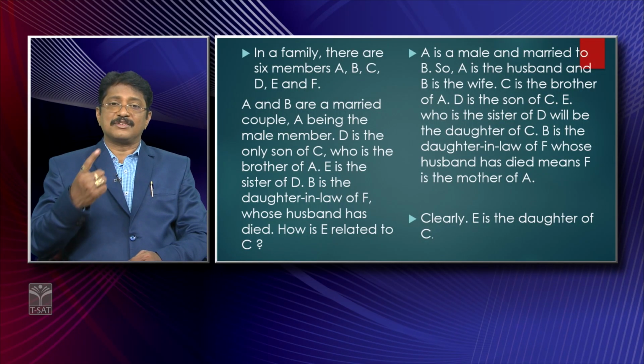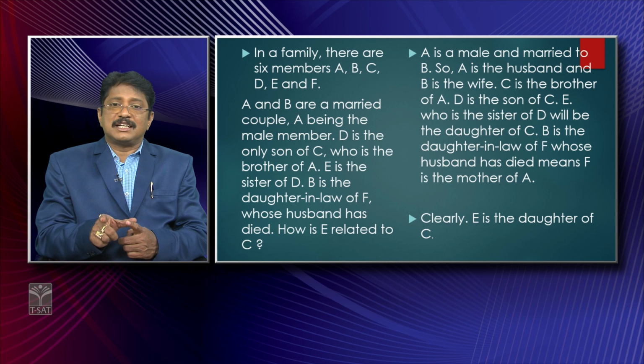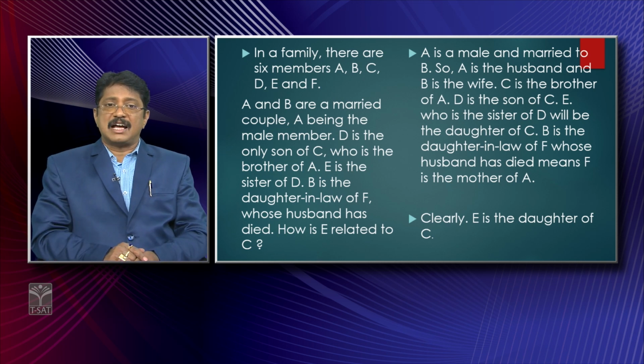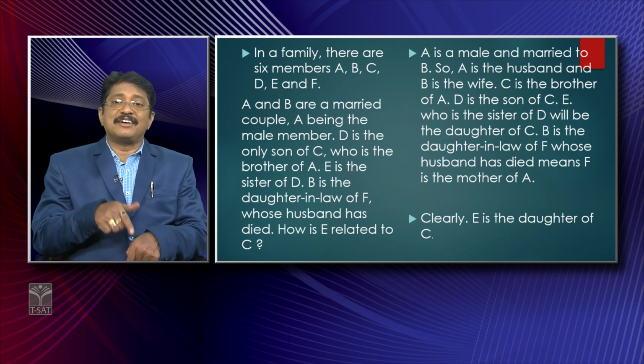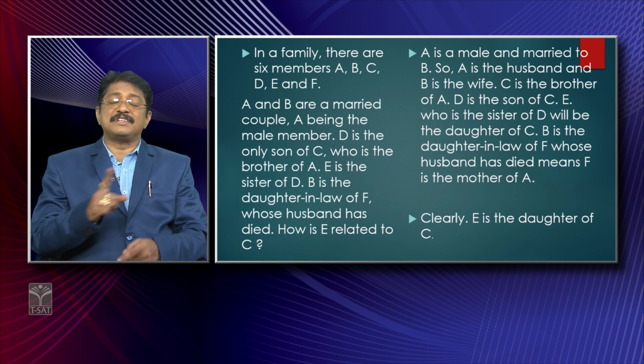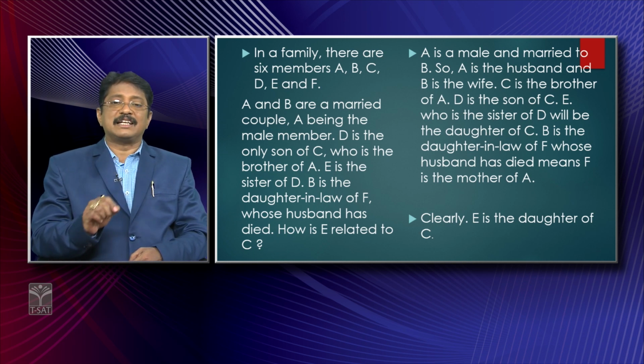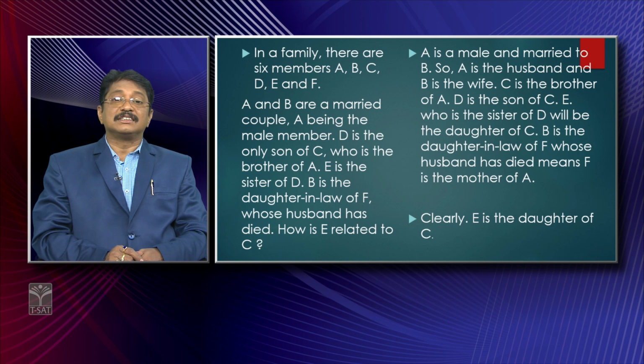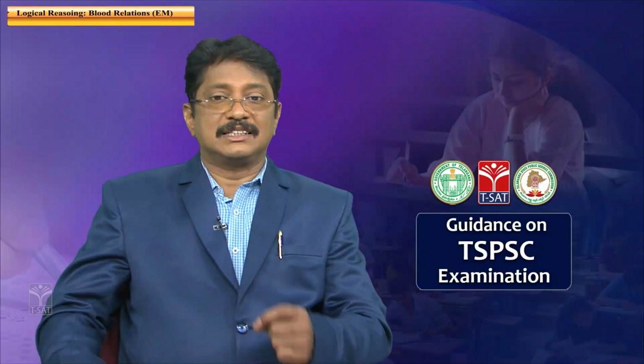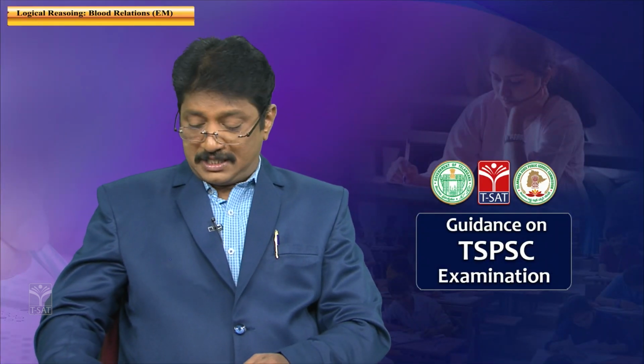And D is the son of C. E is the sister of D, so E will be the daughter of C, and B is the daughter-in-law of F. So F is the mother of A. So it's very clear, E is the daughter of C. Clear? Okay. So that's the relation between E and C.